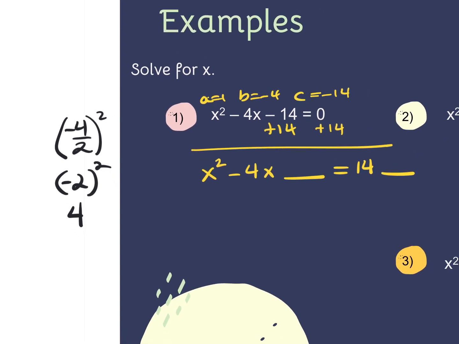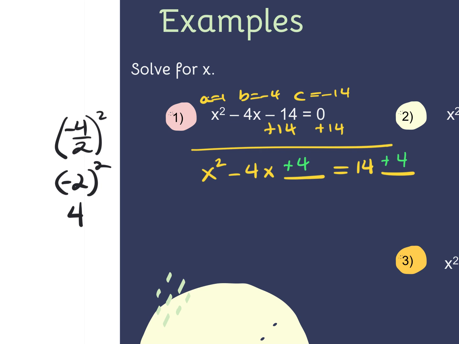So technically what I'm doing here is adding 4 to both sides of my equation. But I'm going to show you a little trick that I like to do to make it easier when it comes time to factoring our perfect square trinomial we just created.